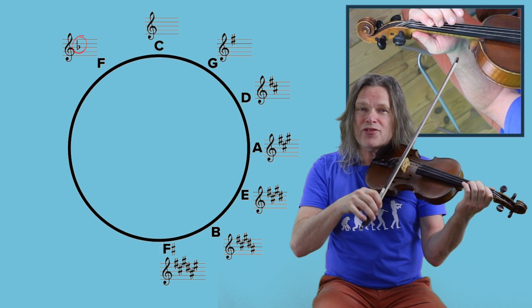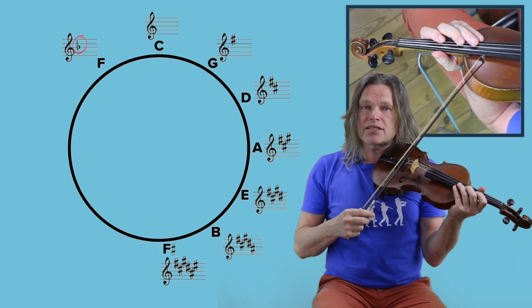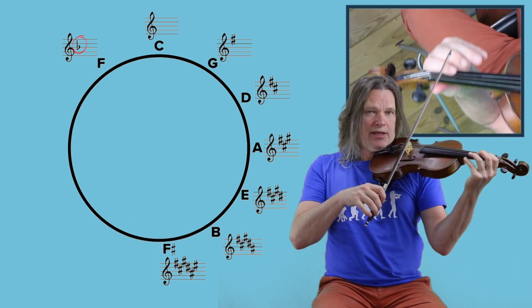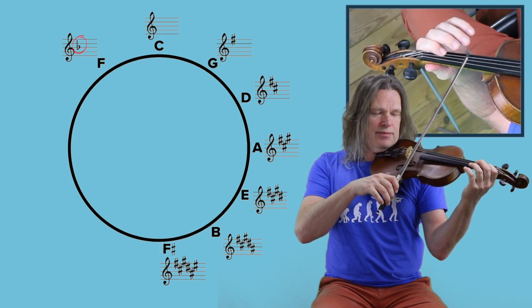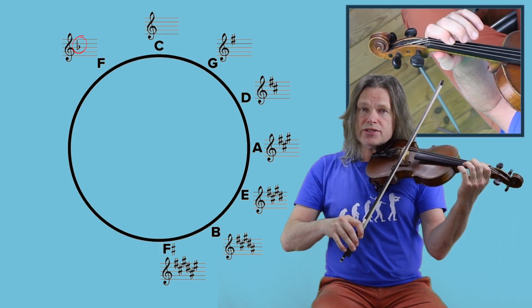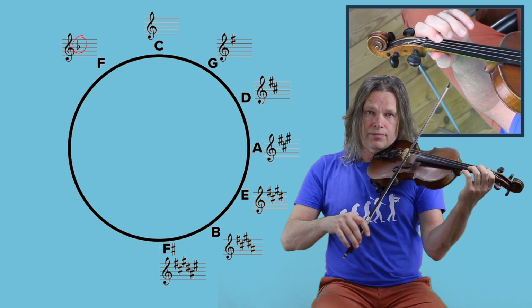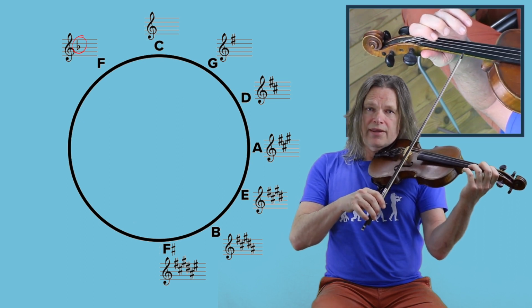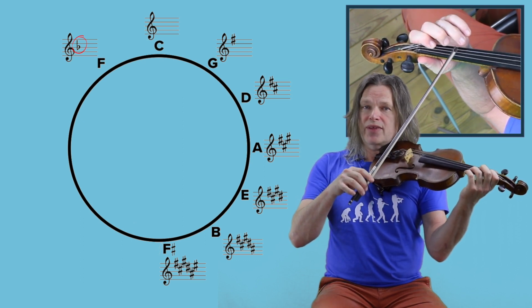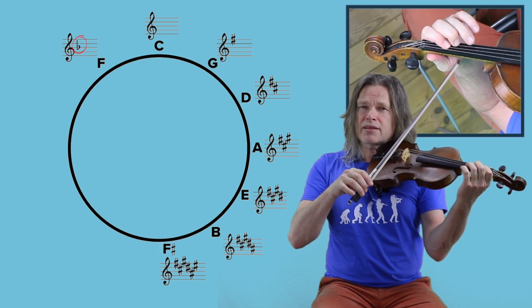So the key of F has 1 flat, and that is the flat for the note B. You can see it written down on this position, and it lowers this note by a semitone, B flat. That is the flat in the key of F. So let's just take a look at the scale.